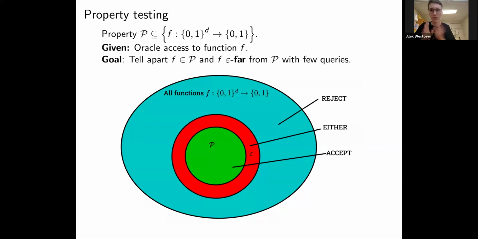So that would be just really prohibitively expensive to test. So instead, we have some kind of buffer region, and this generally allows us to hopefully get algorithms whose running time does not depend on the size of the domain. It only depends on this parameter epsilon. Okay, so that's the basic property testing setup.